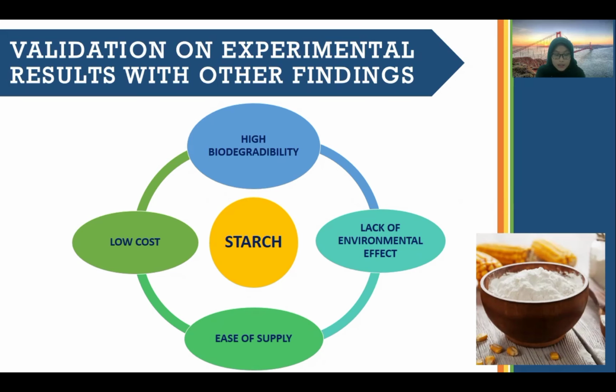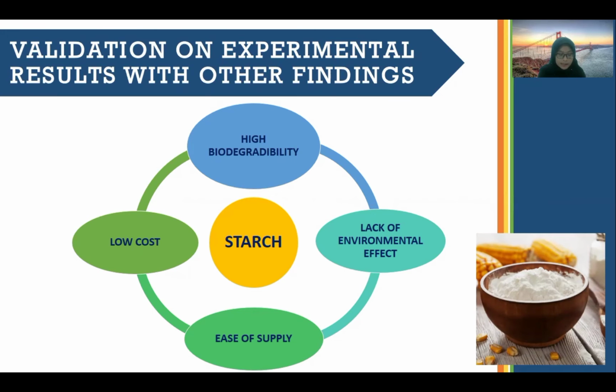Third, starch also has ease of supply. It forms colloid particles and has the capacity to compress and flex to fill the holes in the filter cake, reducing the possibility of fluid loss. Lastly, starch is also low in cost.